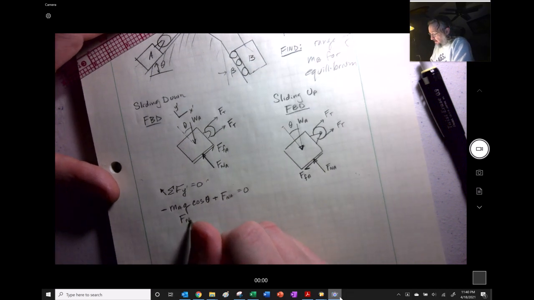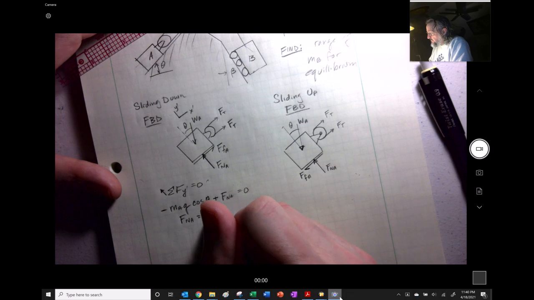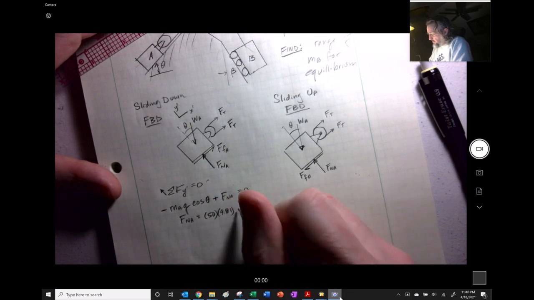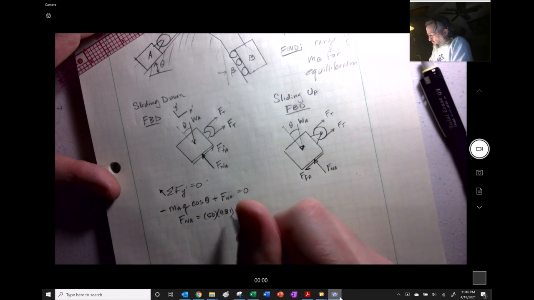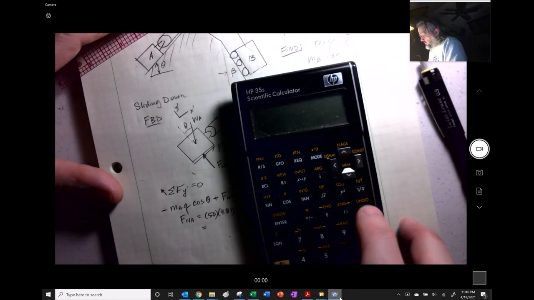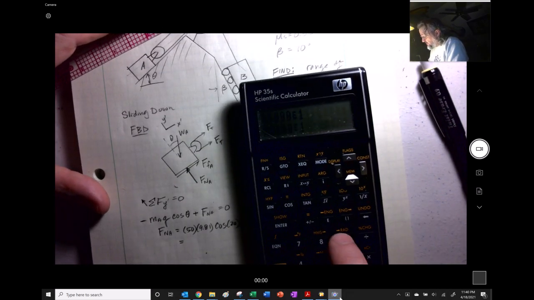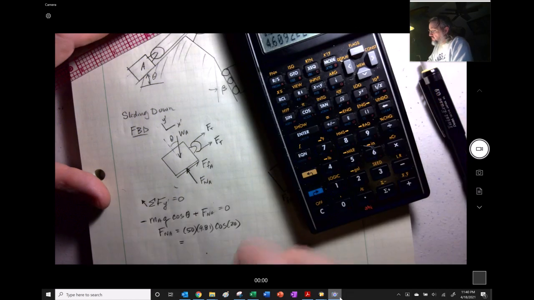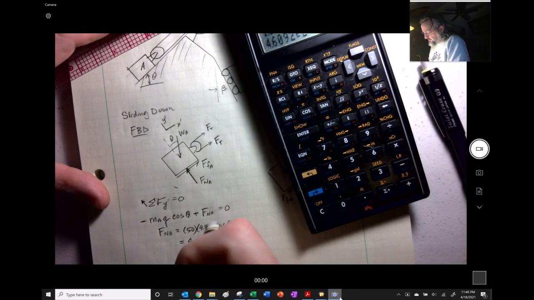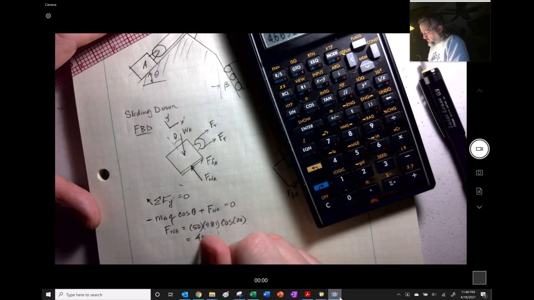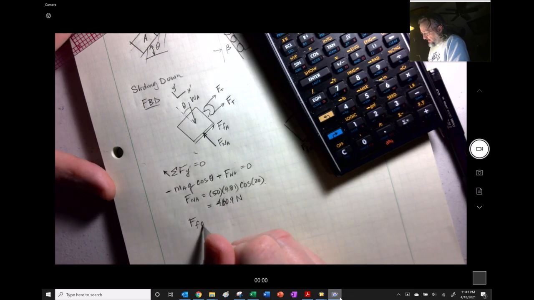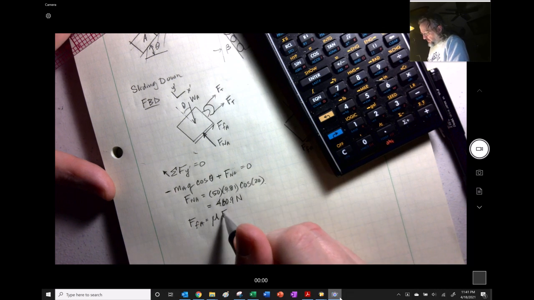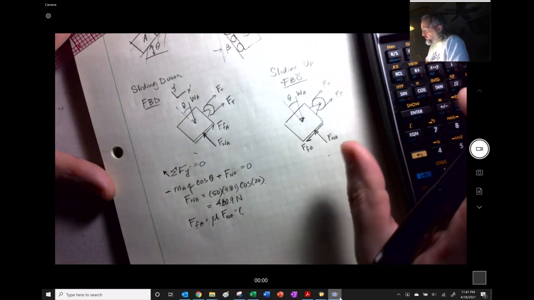So F_NA is equal to the mass of this, which is 50, times 9.81, times the cosine of 20 degrees. That's going to be 460.9 newtons.